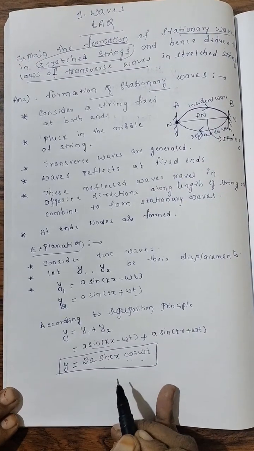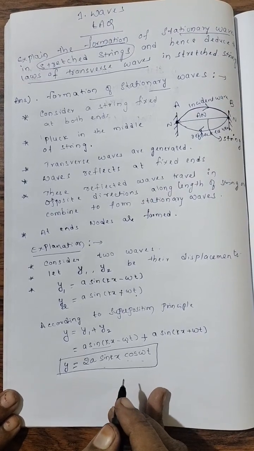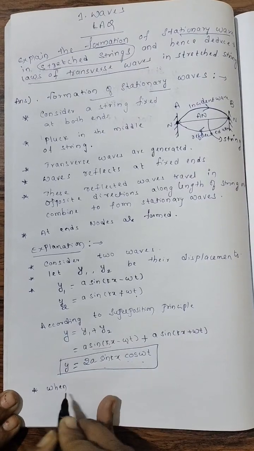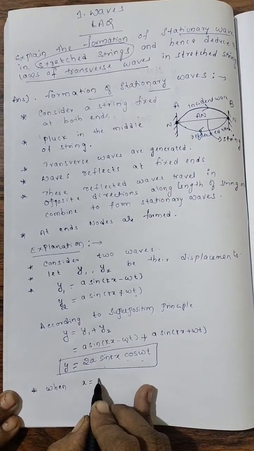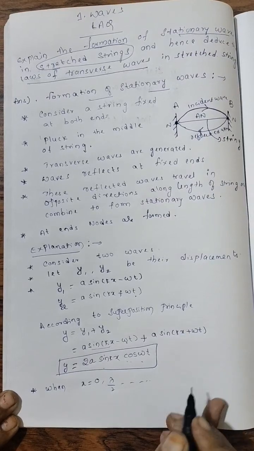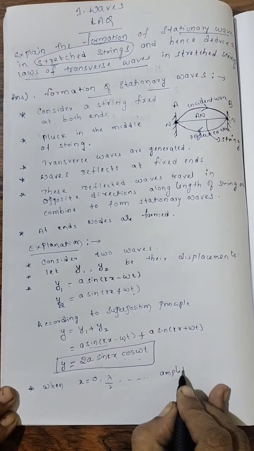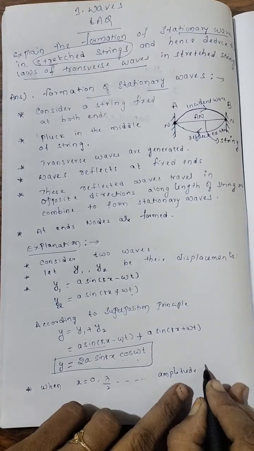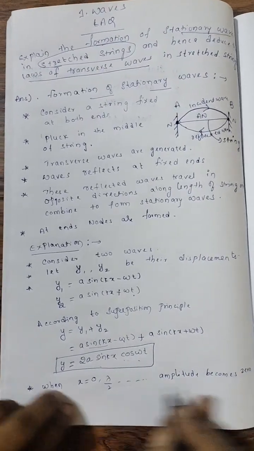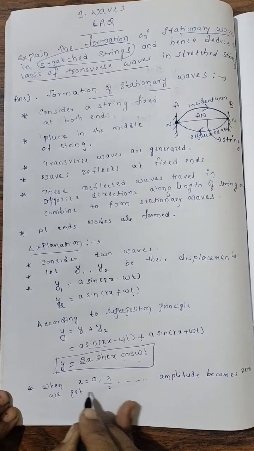Now you got the value of y. Now with this, we will find the nodes and antinode positions. So the first point, when x is equal to 0, lambda by 2, you write just so on, amplitude becomes 0. What we will call? So we get node.